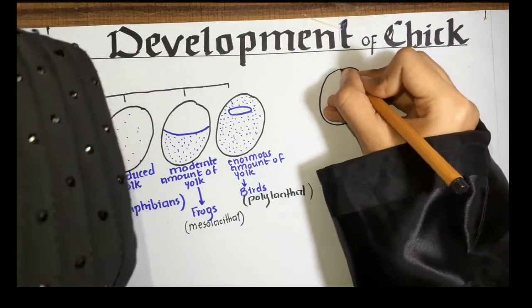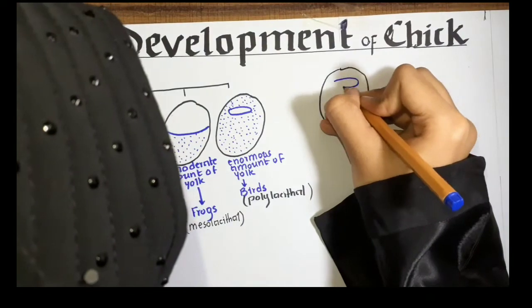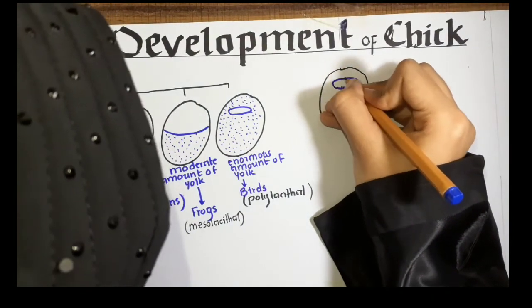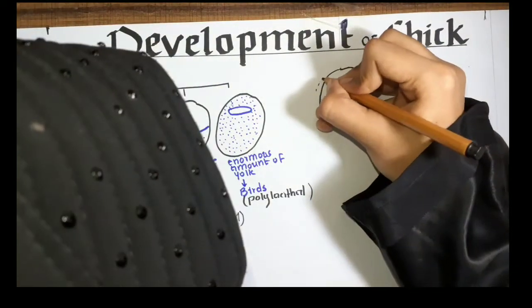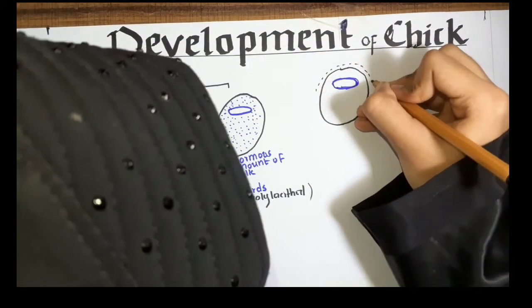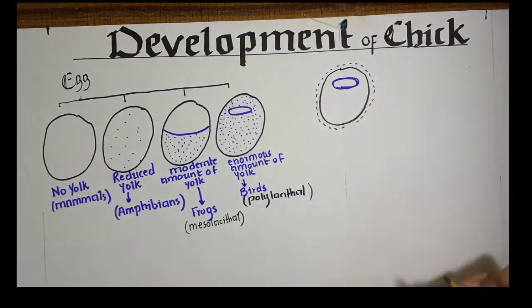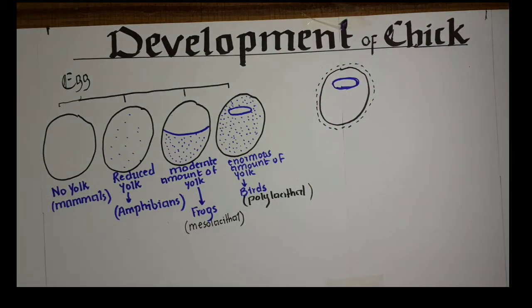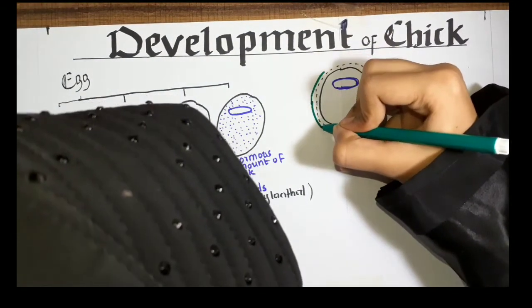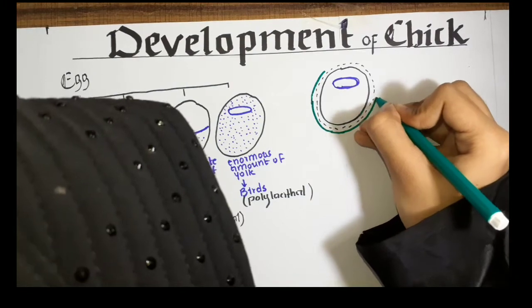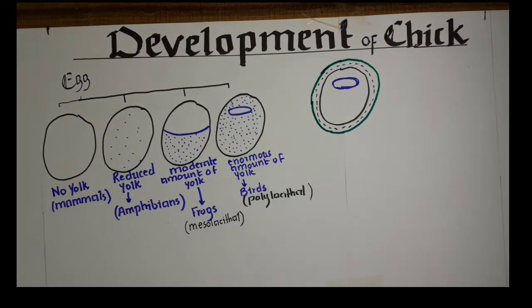Now we can learn about the shell membranes of the egg, how it is covered and which types of membranes are present in it. A little portion is free of yolk and it is covered by protoplasm, living material, and this material is also called the blastodisc or germinal disc.